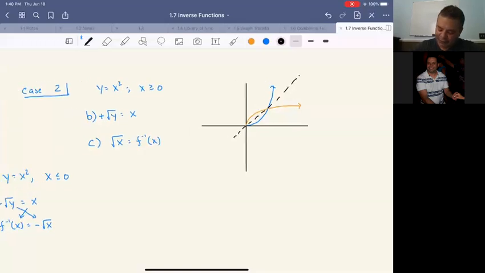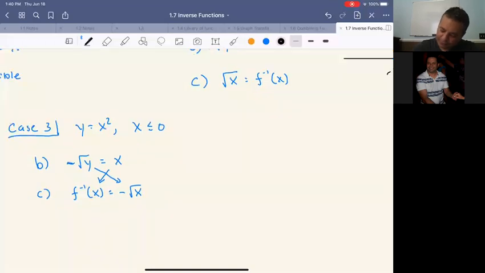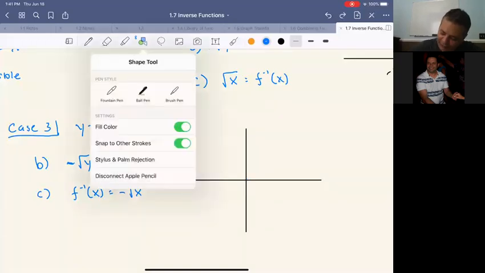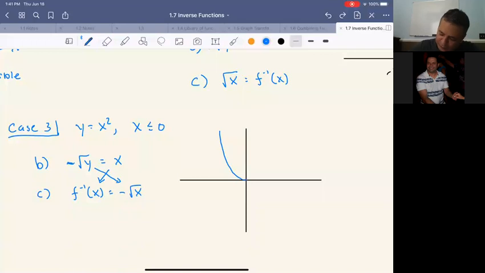Let's do the same thing with this second case. Y equals x squared. Here, x is less than or equal to 0. Looks like so. Now f inverse of x is the negative square root of x. So it's like so. It's still a reflection across this line.